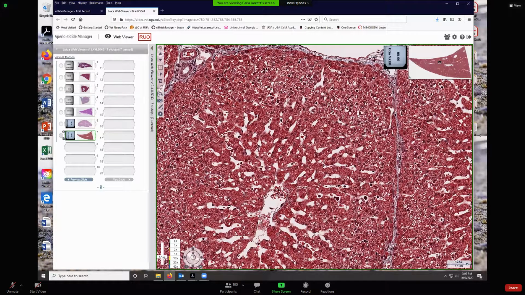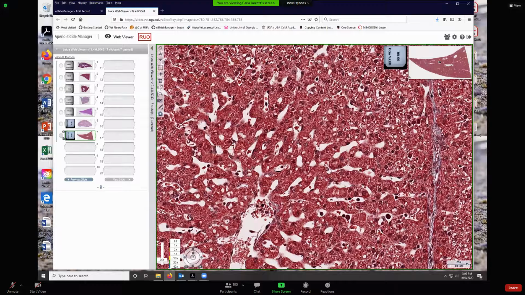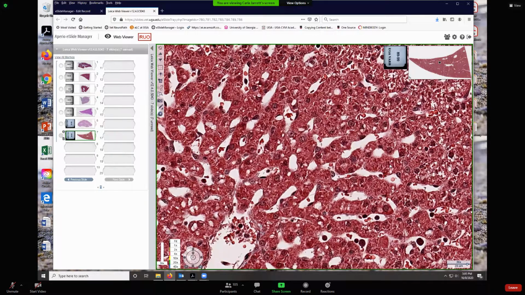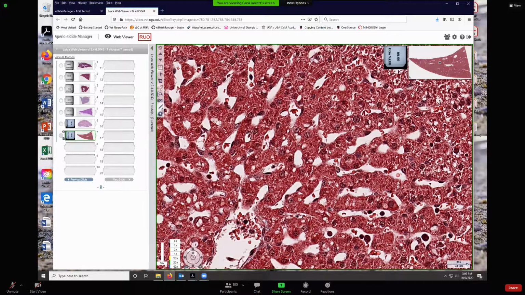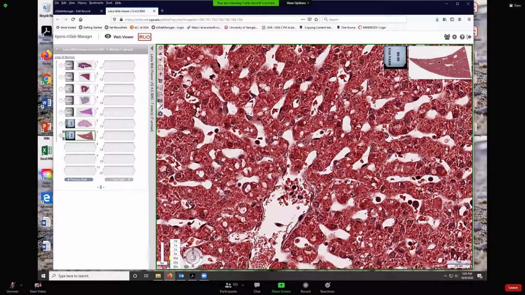So this moth-eaten grainy outer portion that's closer to the interlobular area, this grainy pattern is mostly due to intracytoplasmic glycogen stores. But as you get closer down to the central vein, you tend to get more round, clear vacuoles. That would be more like lipid storage, little intracytoplasmic lipid vacuoles.